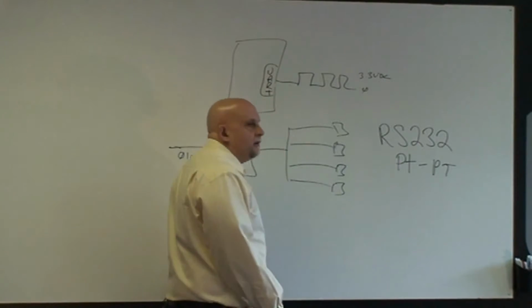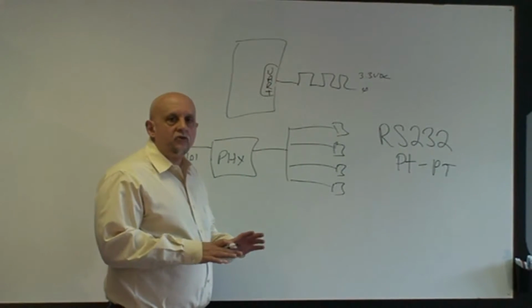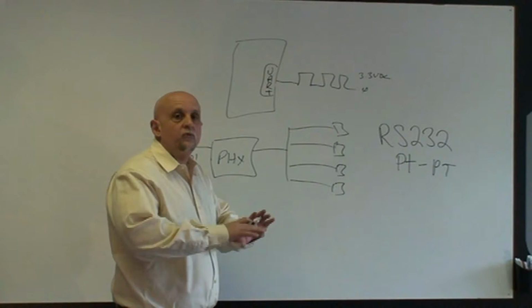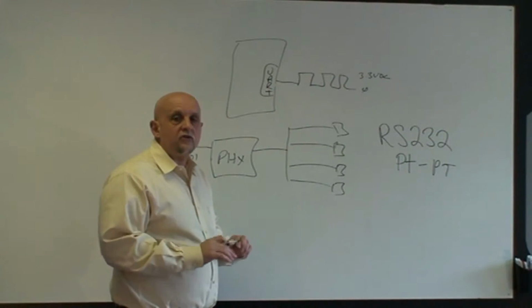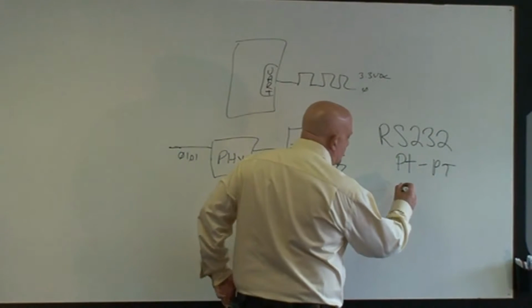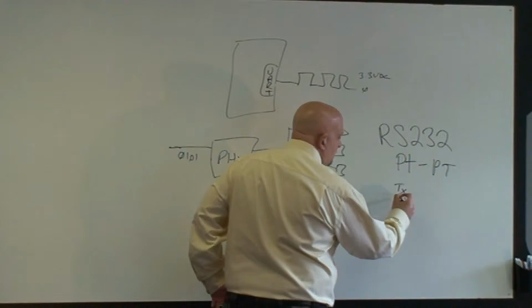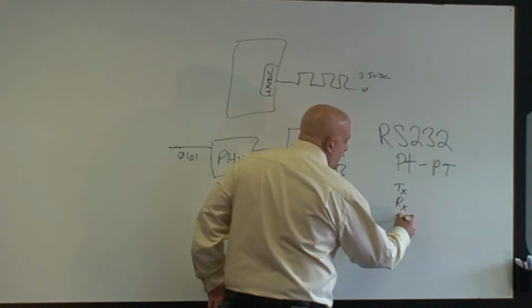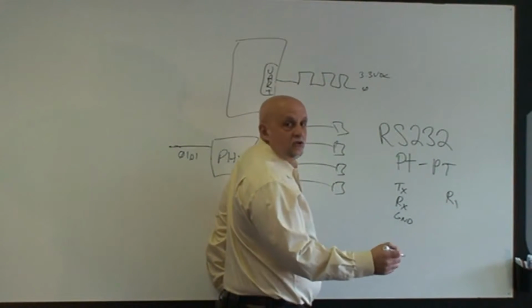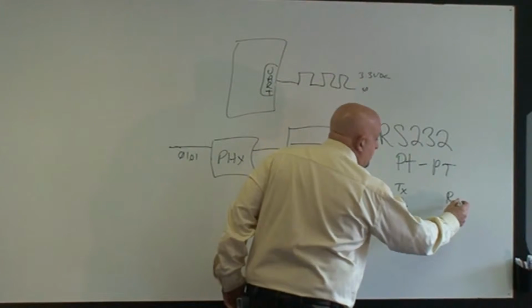The electrical drivers in here are not designed to be sent to lots of devices. They're designed to be sent to one device. Typically in an RS232 system, you have a transmitter, a receive line, and a ground. And that goes to a receiver, a transmitter, and a ground on the other side.